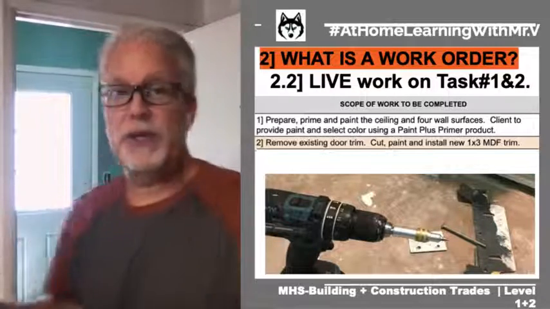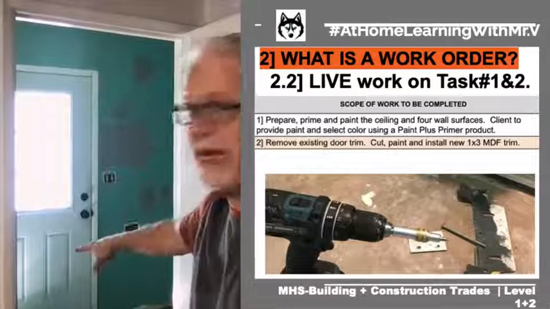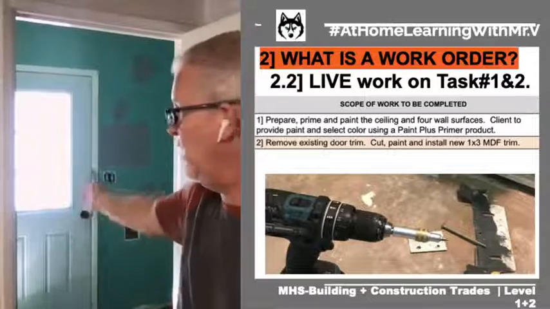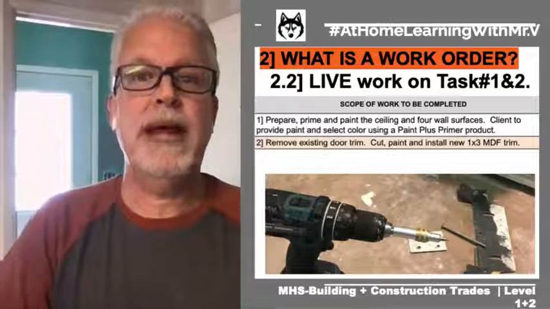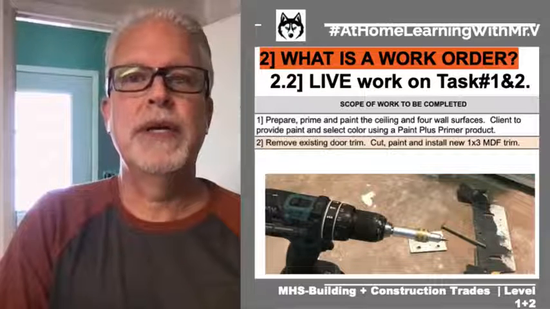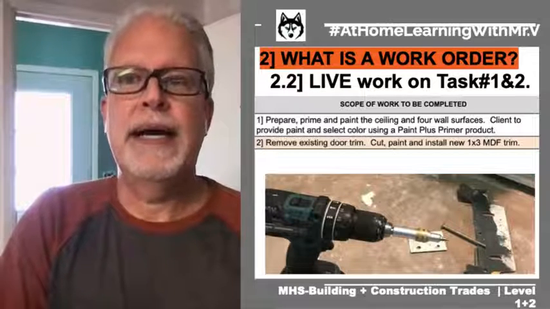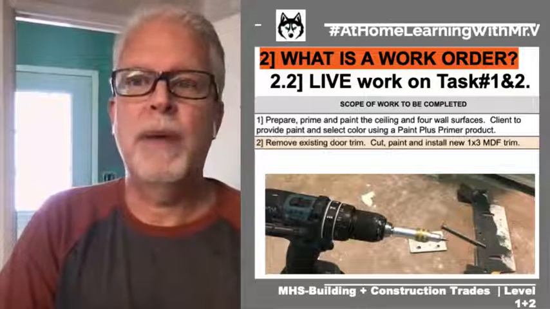What I do need to do is remove the wood door casing and the wood baseboard that's along this wall before we actually start preparing to paint. And so that is actually step number 2 or task number 2, remove existing door trim and then get ready to cut and paint and install the new 1x3.